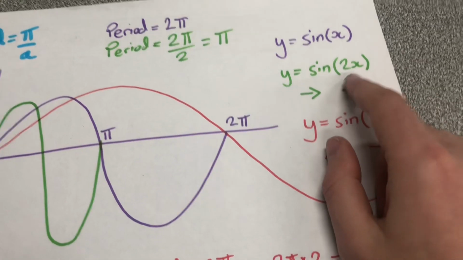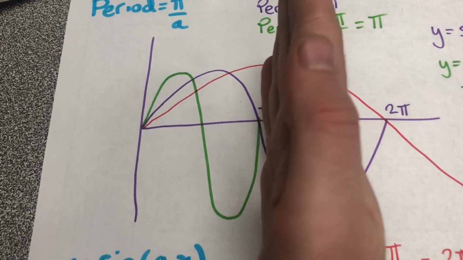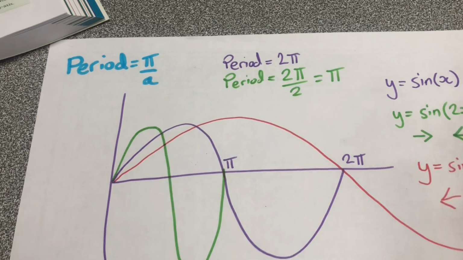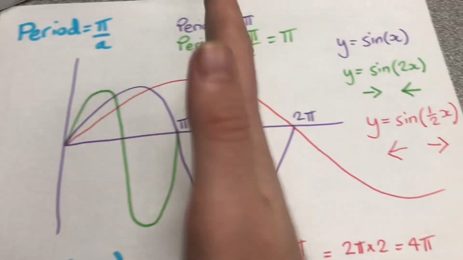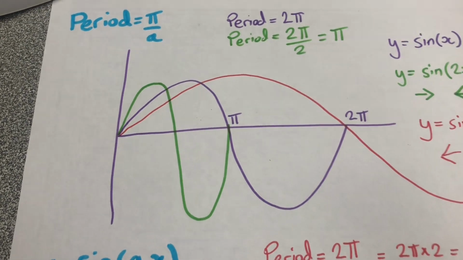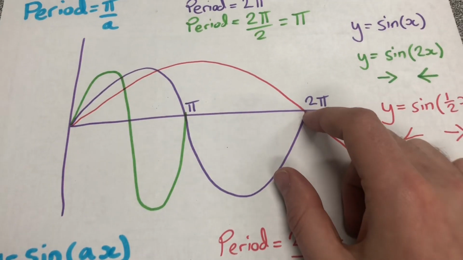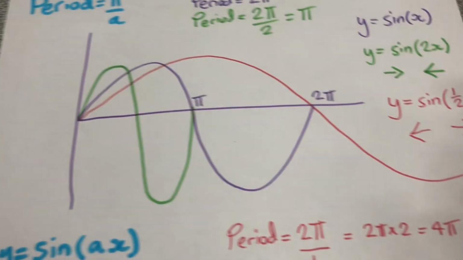So if I multiply it by 2, it's going to halve my period. So I've gone from having a period of 2 pi to a period of pi.